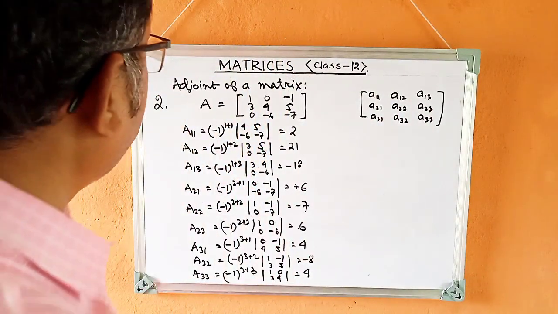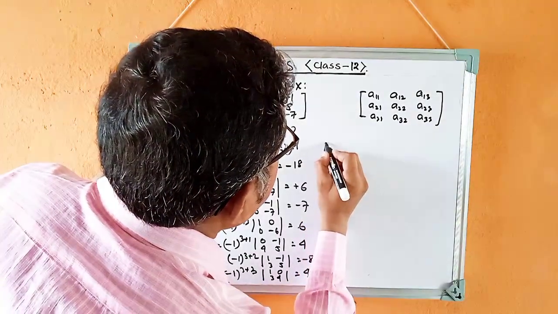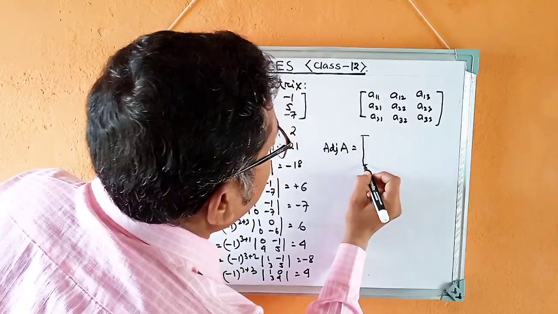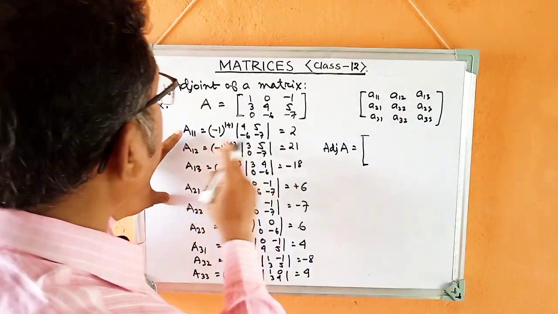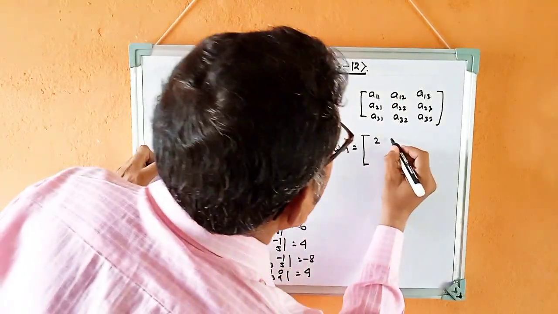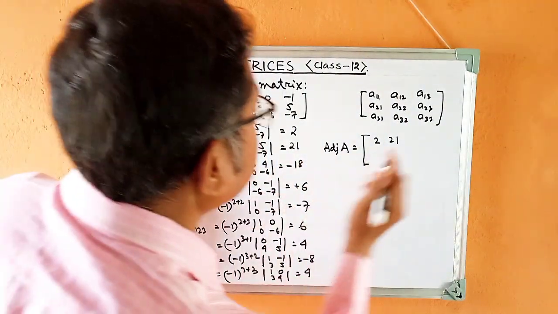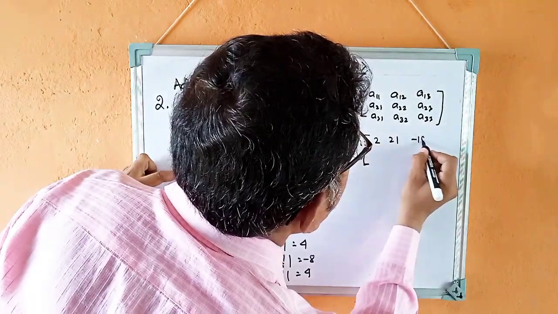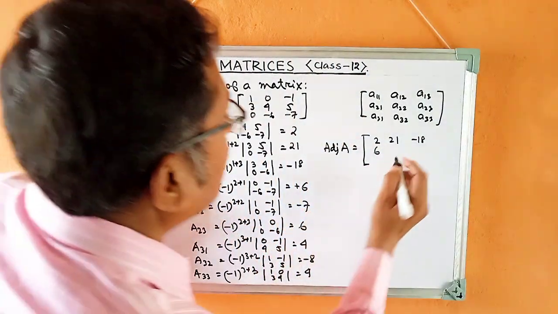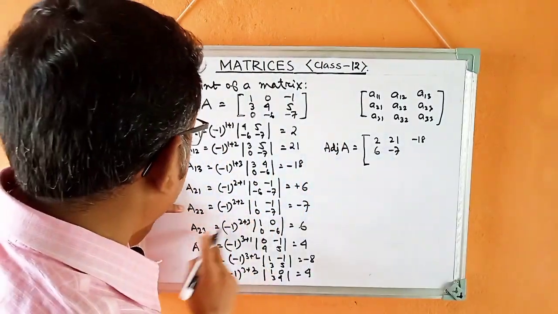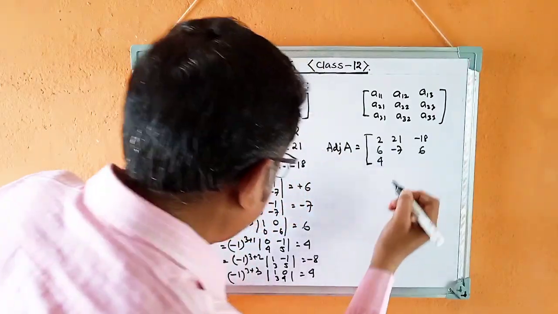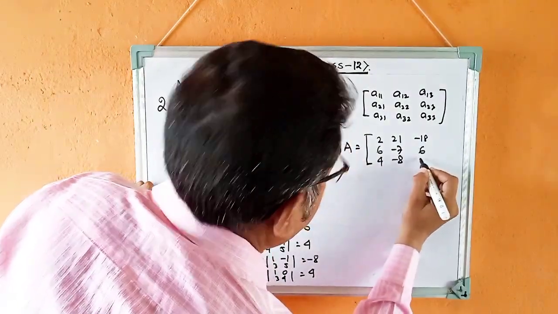Okay, now see, therefore adjoint A, we indicate that as ADJ, adjoint A, is equal to, write all the cofactors, that is A11, that is 2, then A12, that is 21, after that A13, that is minus 18, then A21, that is 6, then minus 7, then A23, that is 6, then 31, 4, then minus 8, then again 4.